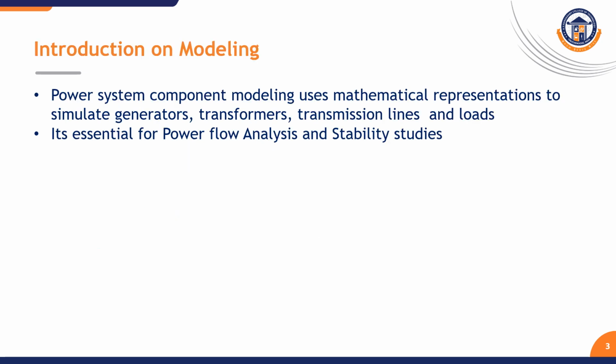What is modeling? Actually, power system component modeling uses mathematical representations to simulate generators, transformers, transmission lines and loads. It is essential for power flow analysis and stability studies. Modeling is nothing but the mathematical representation of any quantity.